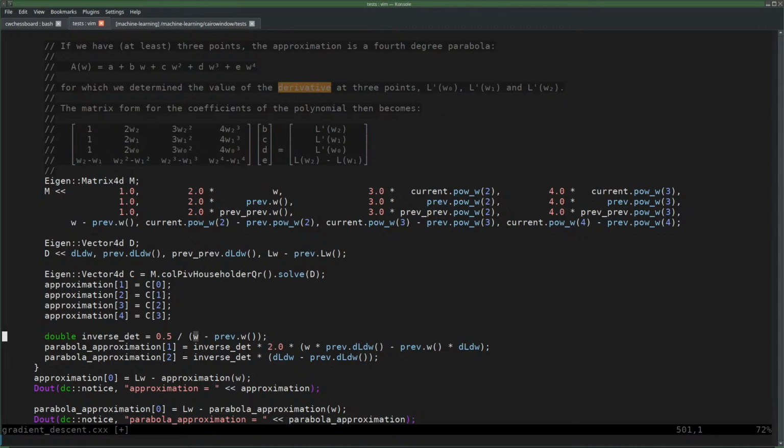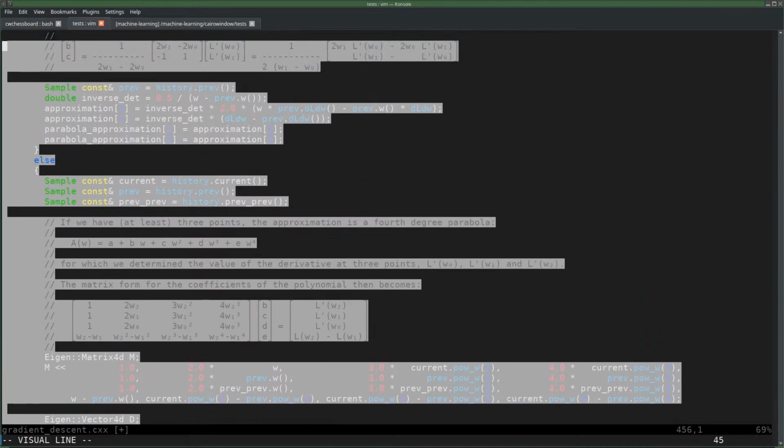This can be done anywhere. I mean, it's not using this part of the code. So I can just move all of this away here.